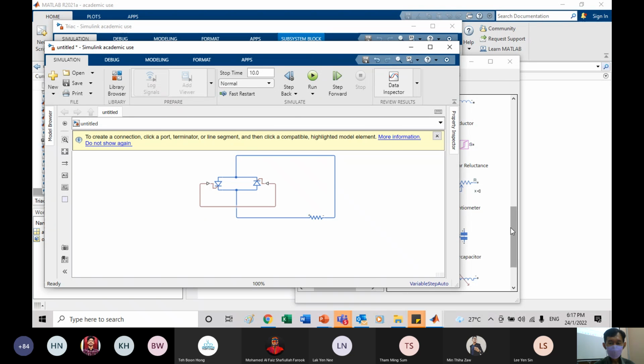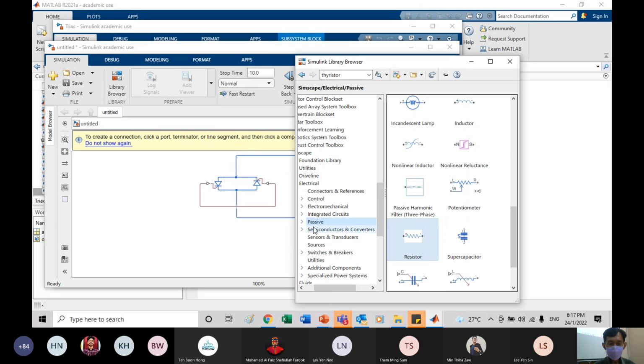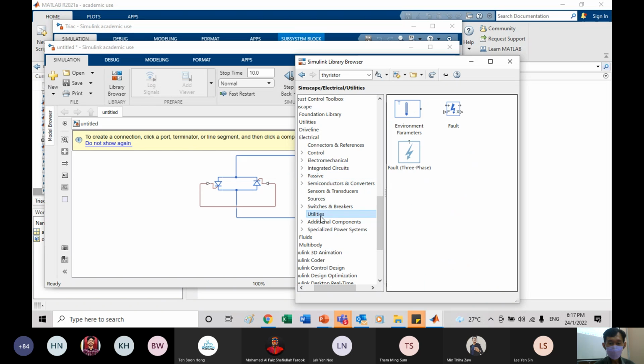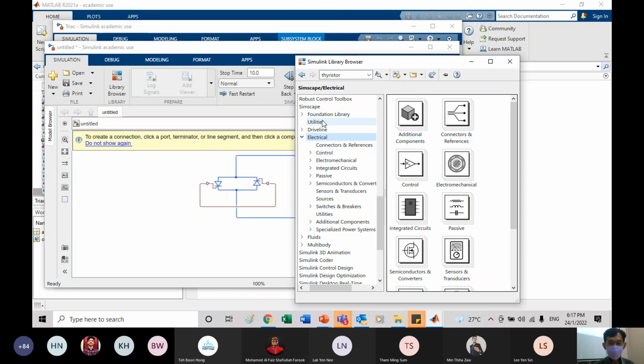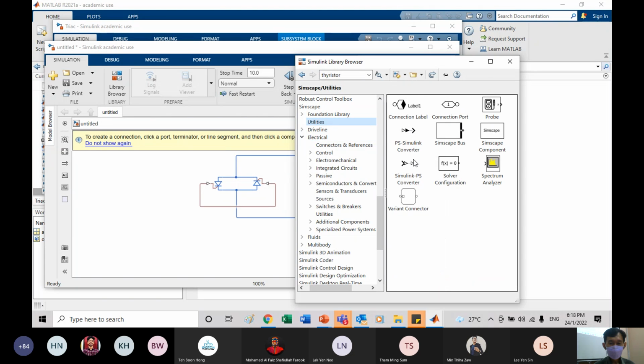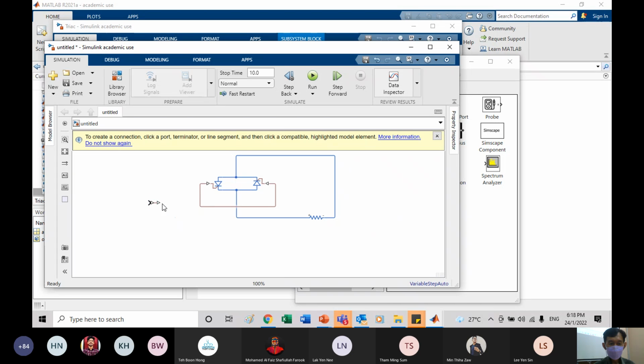Okay. Now I want to have the utilities. No, not utilities. Here. Okay, this one, converter. Because the Simulink comes here, right?